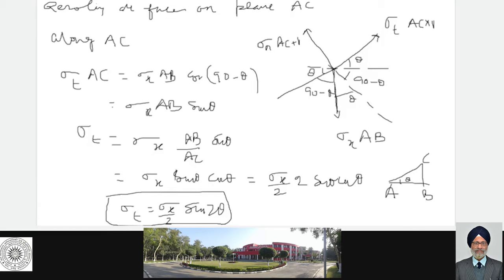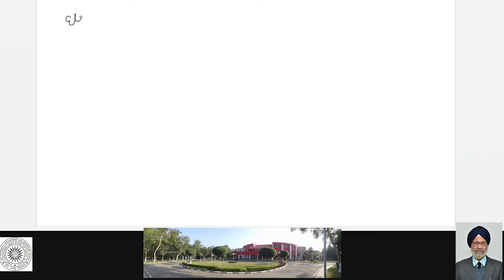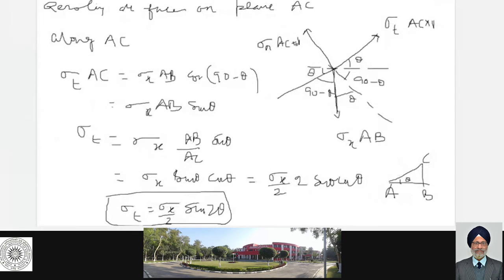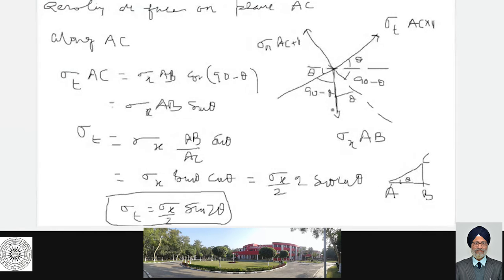Similarly, if we resolve this force in the perpendicular direction, along AB, it will give you sigma n AC into 1. So in this direction it will be how much? Sigma x cos theta, isn't it?